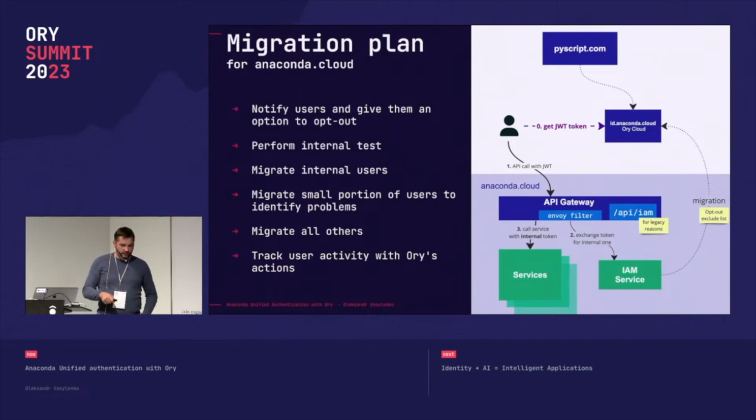It's because our internal logic like users, organization associations, and subscriptions are still saved in our internal IAM database and used by our services. You can also see that PyScript user data was already integrated, so we're using Ory unified authentication now for 2 products, and more products will be onboarded later.